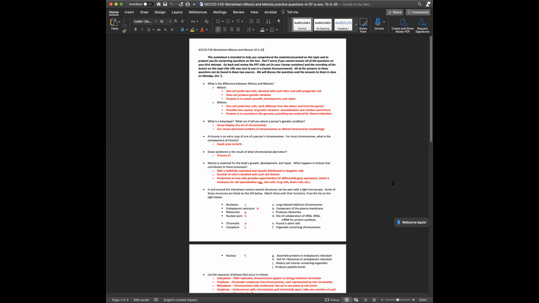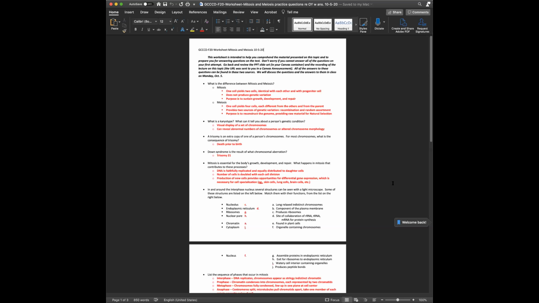The purpose of mitosis is to sustain growth, development, and repair, whereas the purpose of meiosis is to reconstruct the genome, generate variation. And this provides raw material for natural selection over the course of evolutionary time. So in a nutshell, those are the basic differences between mitosis and meiosis.